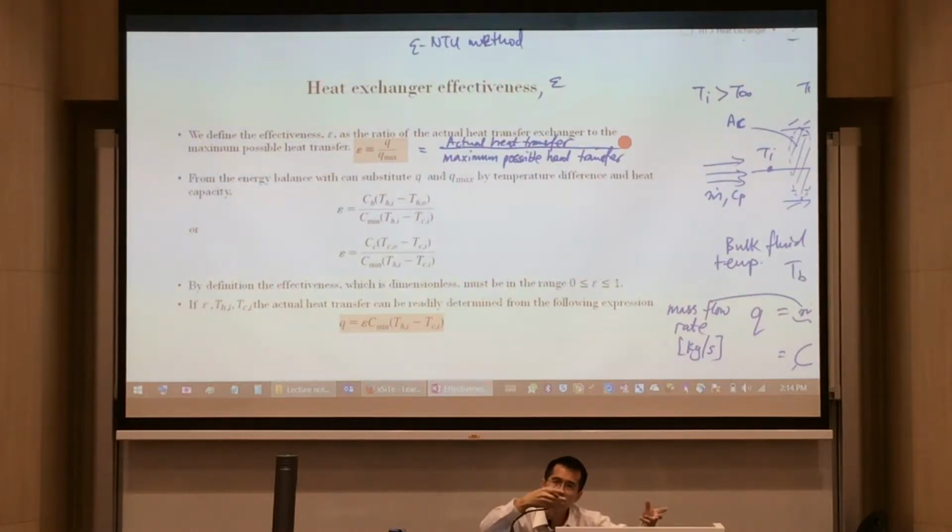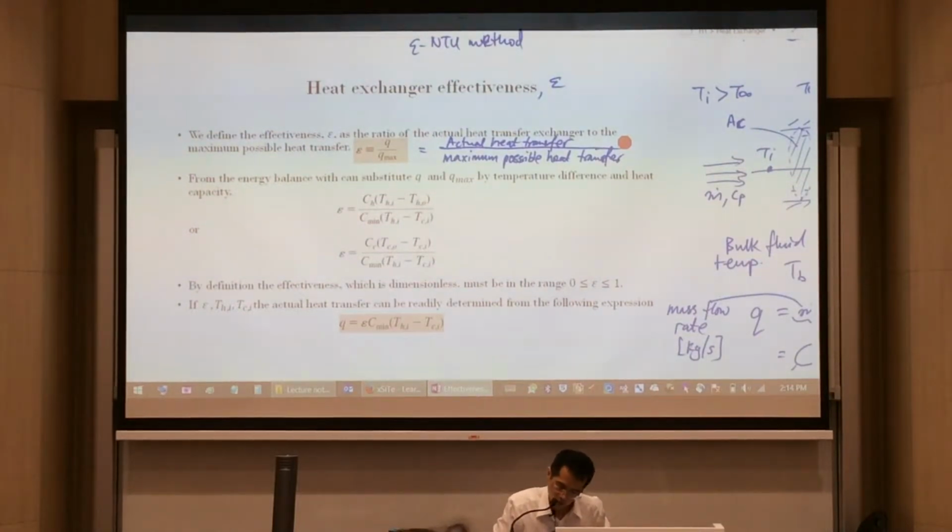I'm saying exchange because it might be the cold side that you're interested in gaining heat, or it might be that you're interested in losing heat at the hot fluid side. But either side, there will be heat exchanged. When we talk about heat transfer, heat can only transfer from the hotter fluid to the cooler fluid.